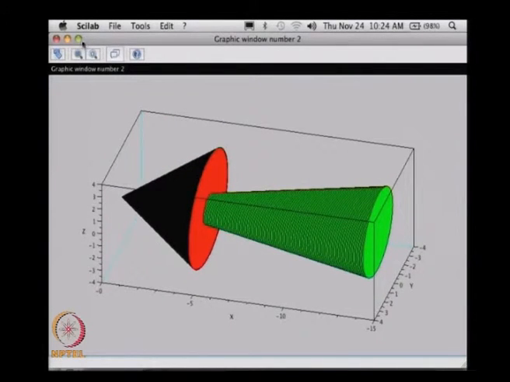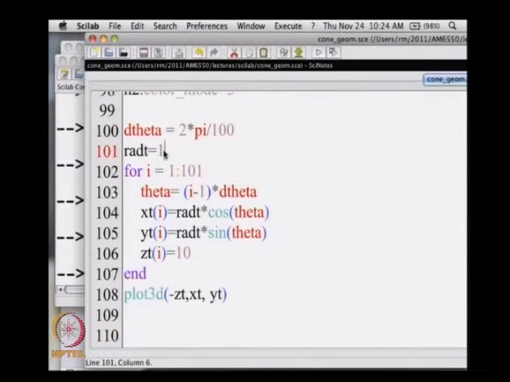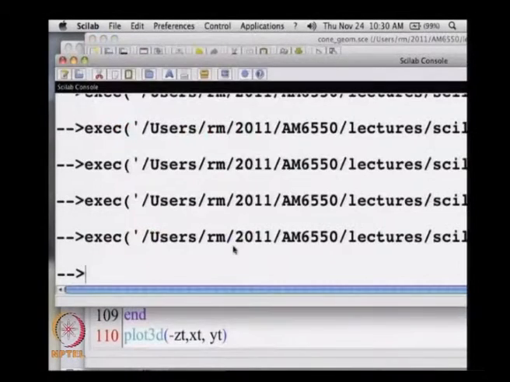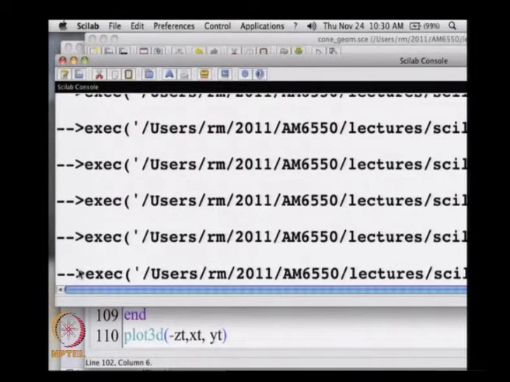Okay, let me go and look at this. I'm going to run the other surface that I was doing, so I changed that. Run this.